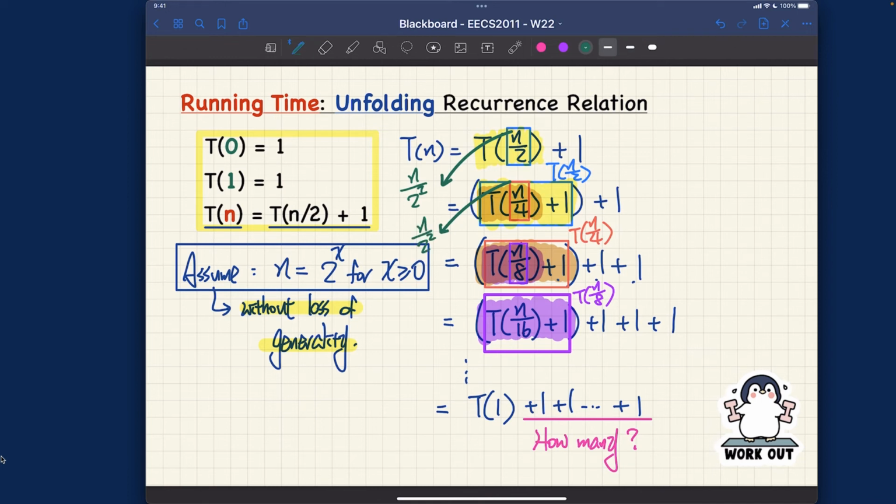Similarly, for n over 8, let's rewrite it as n over 2 to the power of 3. Finally, for n over 16, this will be n over 2 to the power of 4.